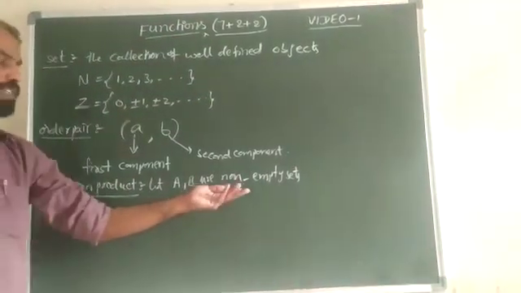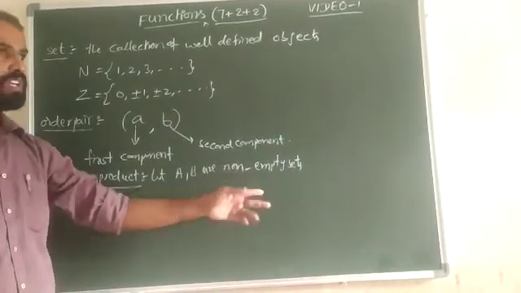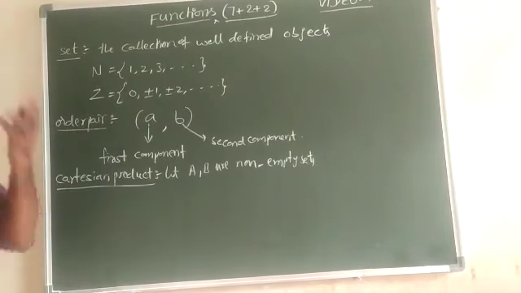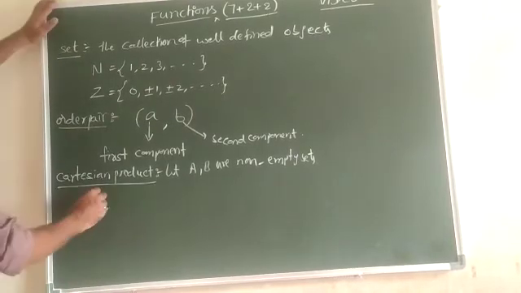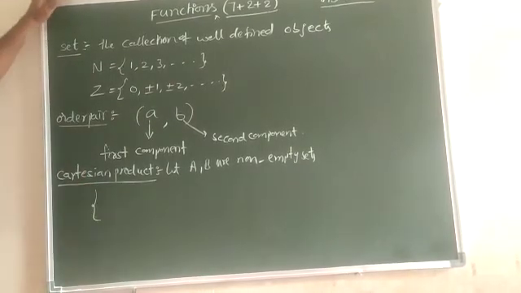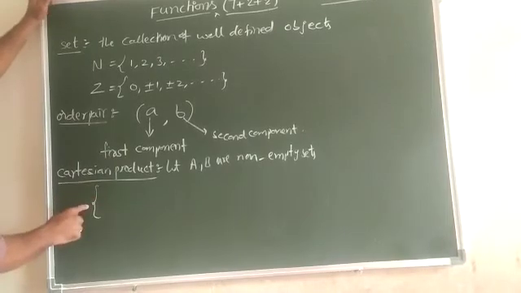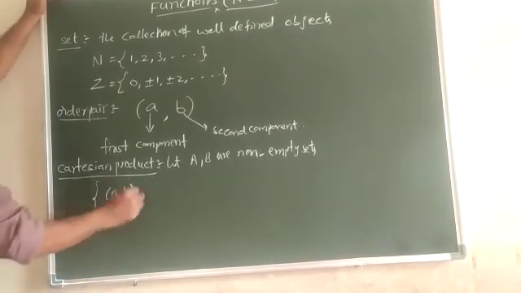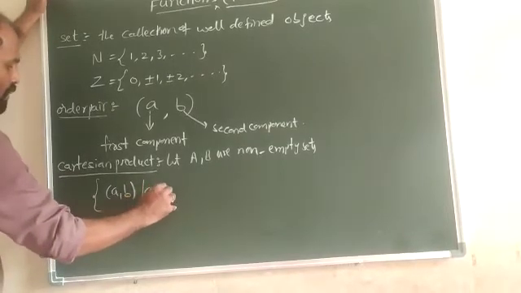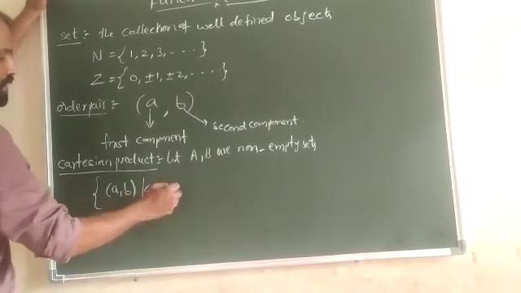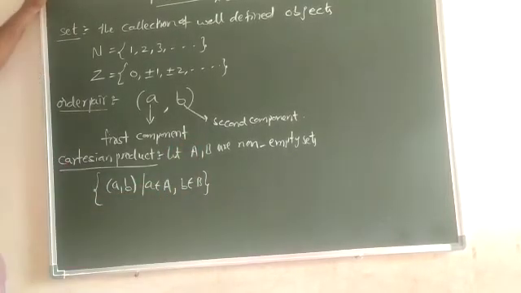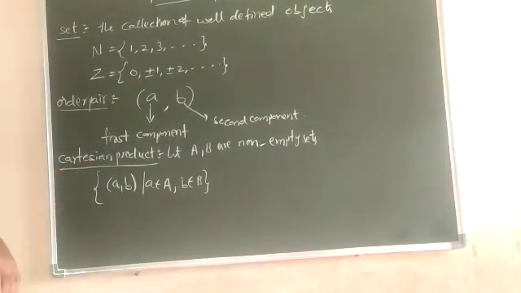If there is no element, then it is said to be an empty set. Non-empty set means there are some elements. If A, B are two non-empty sets, then the set of all ordered pairs, the set is denoted by flower brackets, the set of all ordered pairs (a, b) such that a belongs to A and b belongs to B is called the Cartesian product.